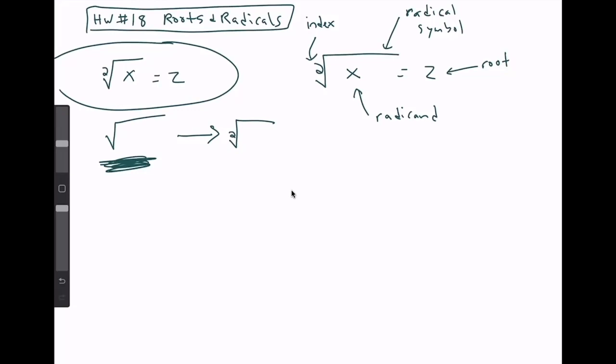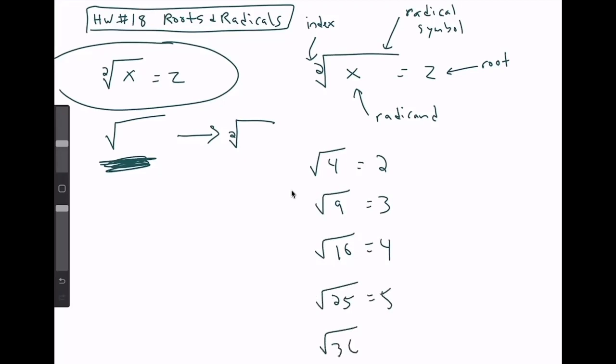For example, we dealt with the square root of 4, which is 2. The square root of 9 is 3. The square root of 16 is 4. The square root of 25 is 5. I could go on forever, but these are just a few that we've dealt with pretty frequently.